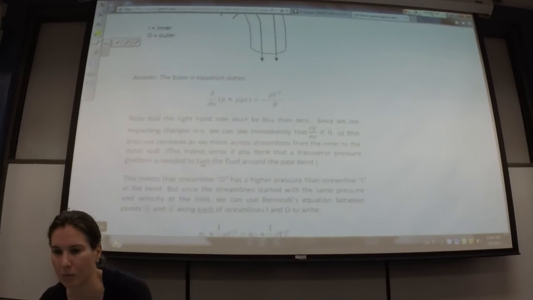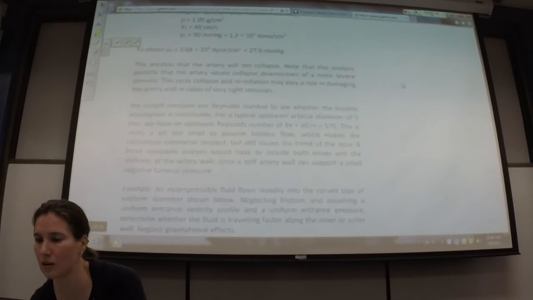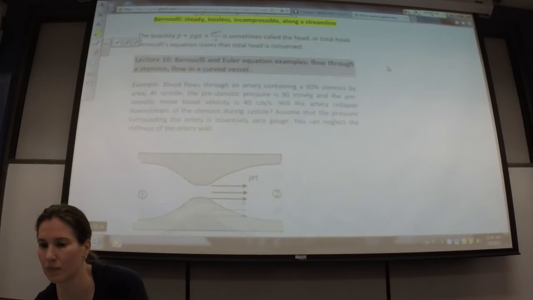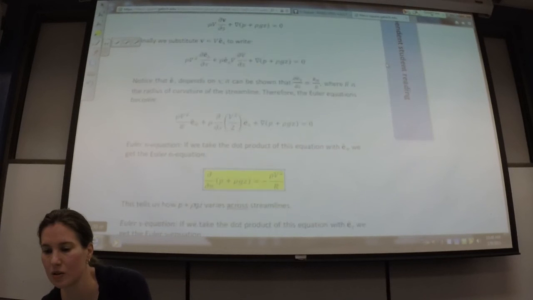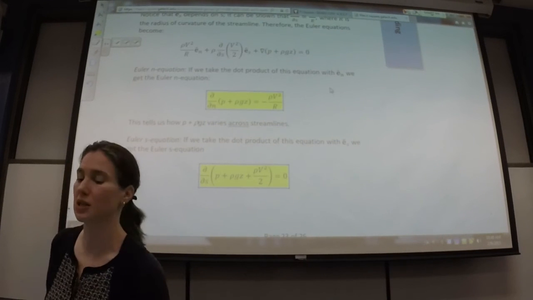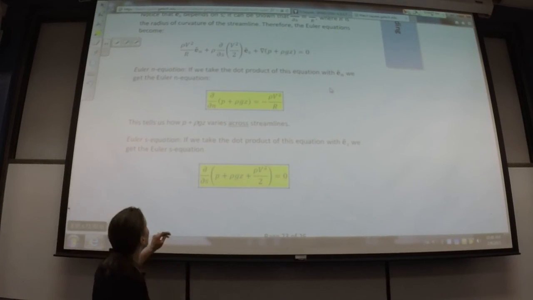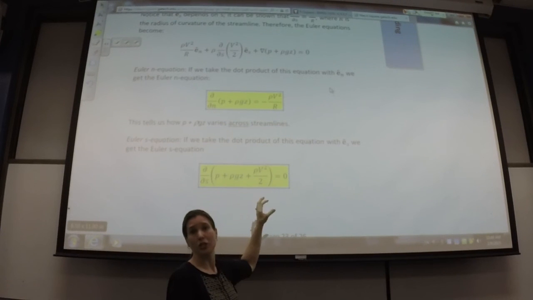Let's scroll back up here. Okay, so if we go back to these two concepts here, we've got the N equation and the S equation.